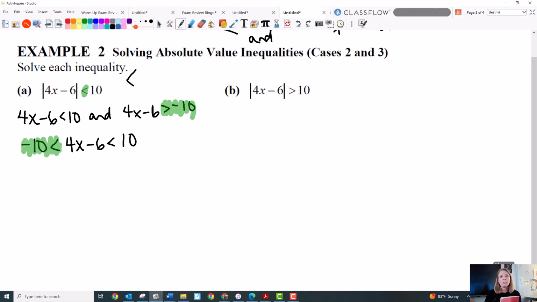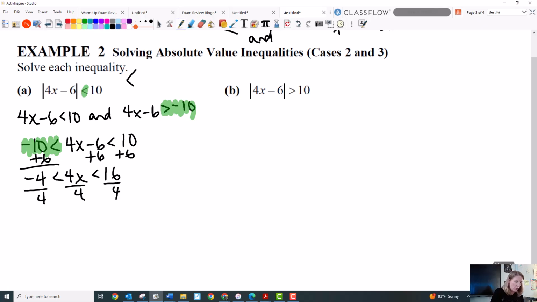Then you solve it like we did in the last section, that compound inequality. So you just add 6, add 6, add 6. That's negative 4 is less than 4x is less than 16. And then divide by 4, divide by 4, divide by 4. So you'd have negative 1 is less than x is less than 4, and they want it in interval notation. So that's going to be negative 1 comma 4. So it's between. It's both.